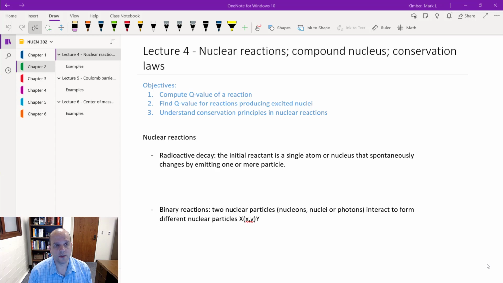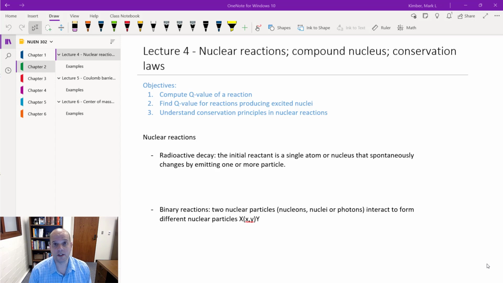Today's lecture is going to continue along those lines. We're going to calculate something called the Q value of a reaction. But there's really not much difference between that and what we just learned about in terms of binding energy. There's a mass discrepancy, and we're going to convert that to an energy.